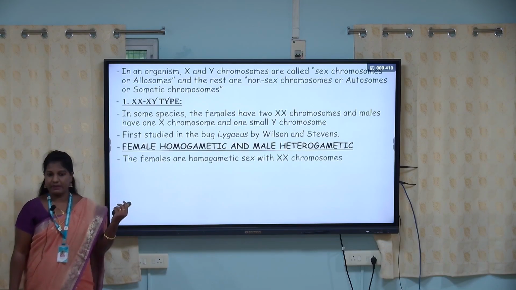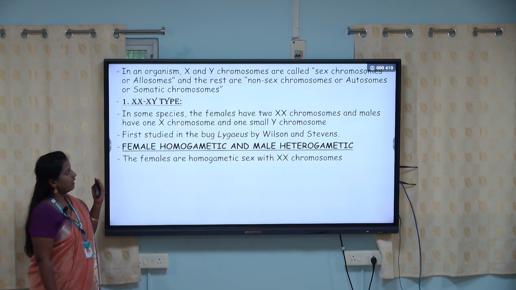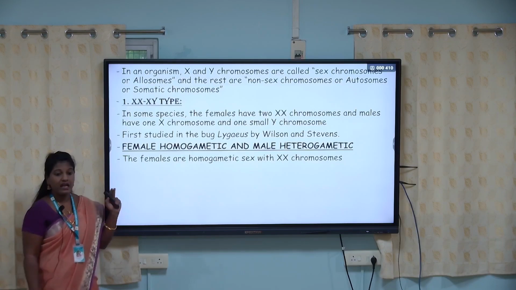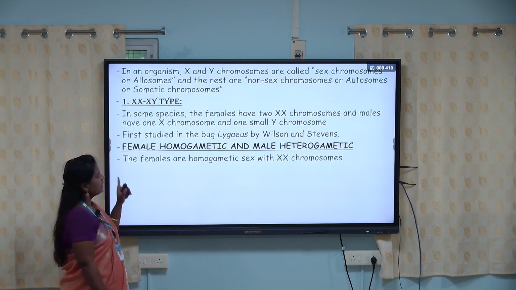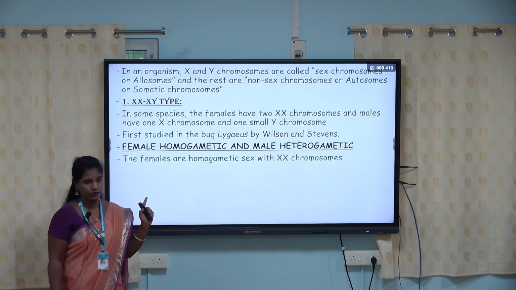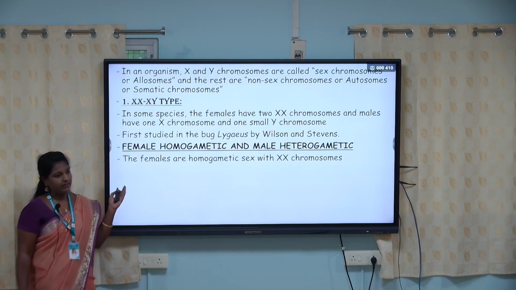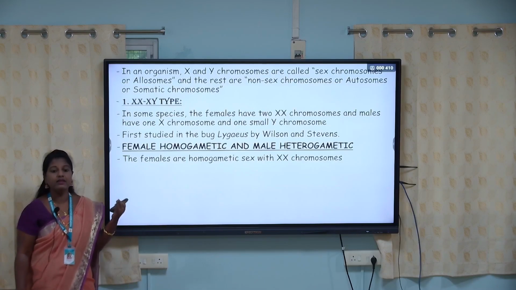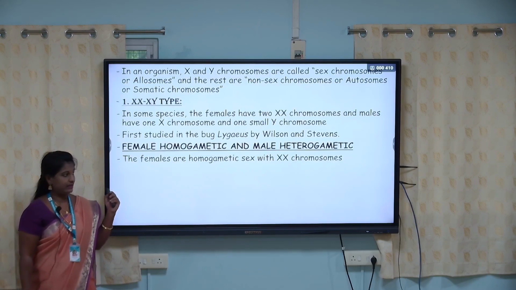This type is mainly studied in humans and higher orders, where in the same species the females have two X chromosomes and males have one X chromosome and a small Y chromosome. So when the combination of X and Y chromosomes join together, the individual's sex is determined.